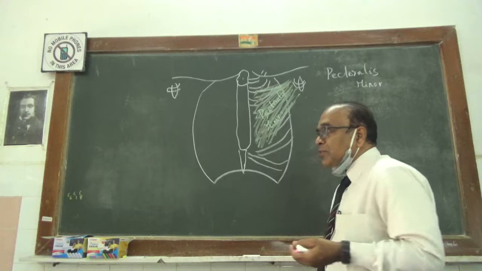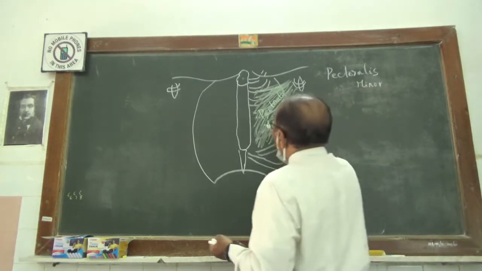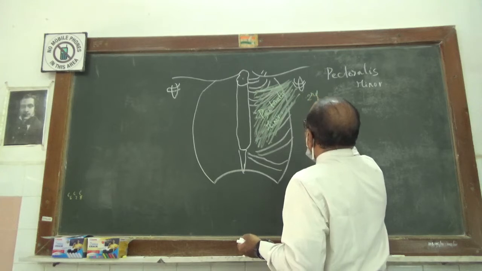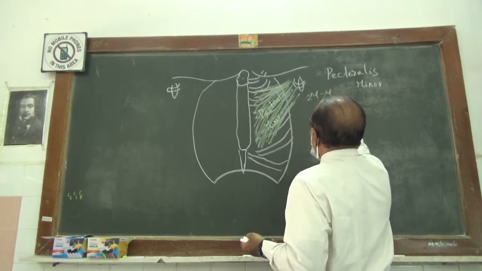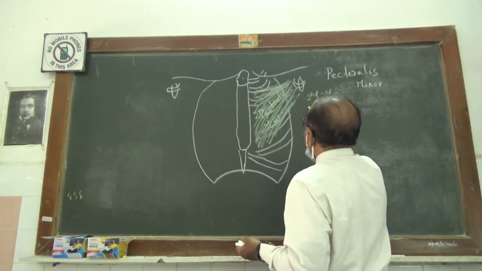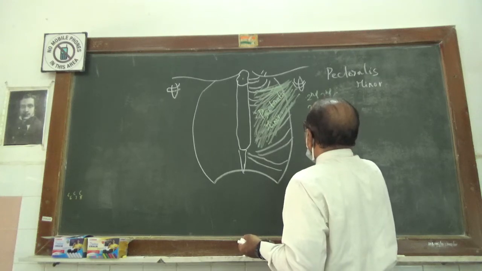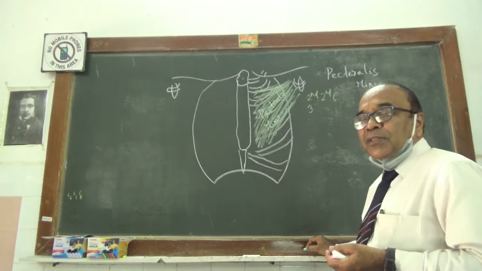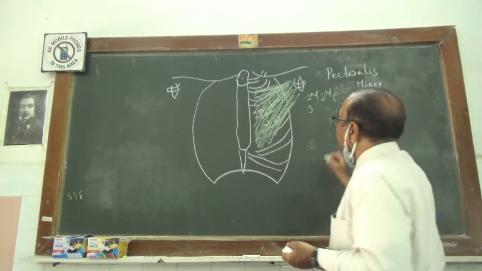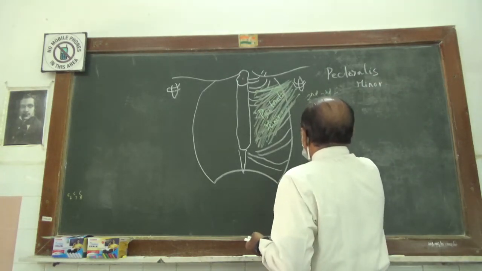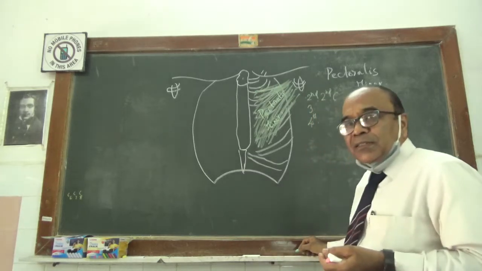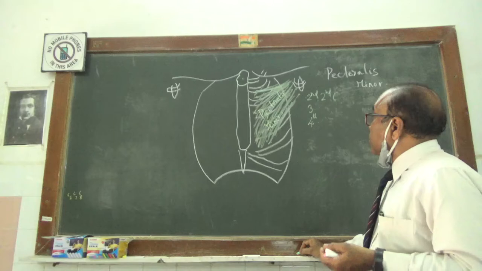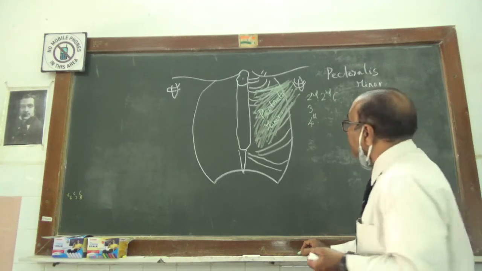The pectoralis minor muscle takes origin from the second rib, second costal cartilage, small portion of the third rib and small anterior part of the third costal cartilage, the fourth rib, and a small portion of the fourth costal cartilage.